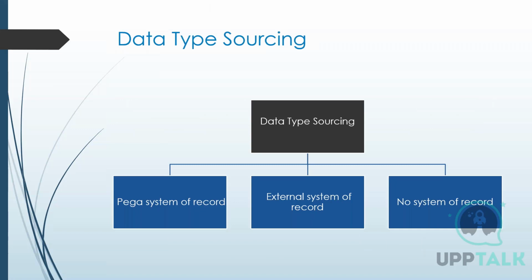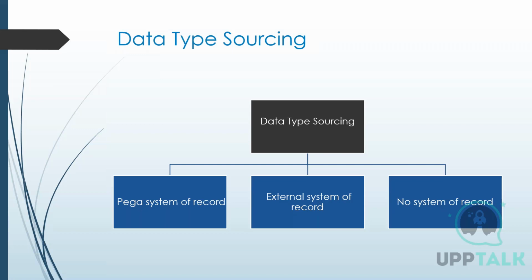Here, if you observe, we have 3 types of sourcing options. The first one, we call it Pega System of Record, Pega SOR. Then we have External System of Record.